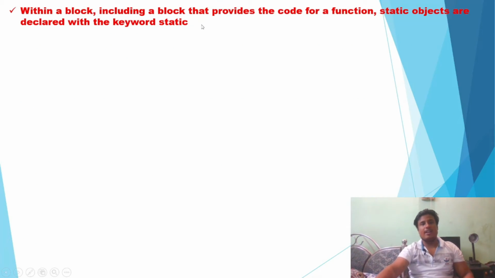Within a block, including a block that provides the code for a function, static objects are declared with the keyword static, which I have already told you. If you want to make any variable explicitly static, then you will use the static keyword.